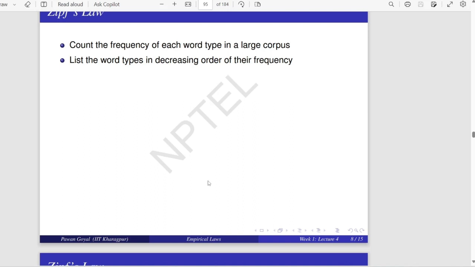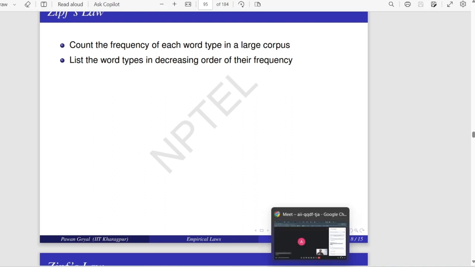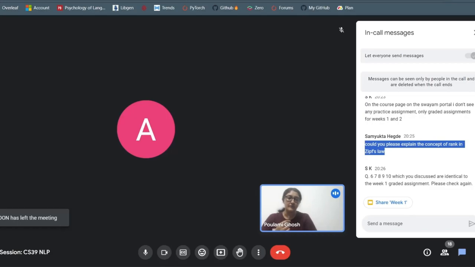Then for each word type, we compute its frequency. Now we have each word type and its corresponding frequency. Based on the frequency, we arrange the word types in decreasing order. That gives us a ranking of words. The most frequent word would be at the top and the least frequent word at the bottom. That is what we mean by ranking.